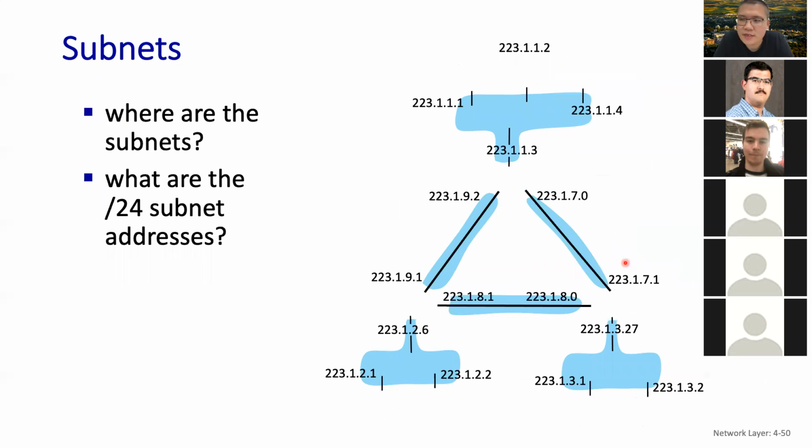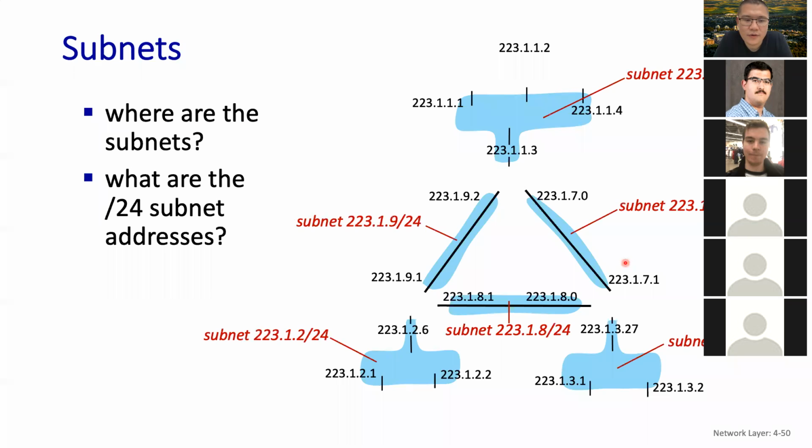So we have the different subnets in this figure, and I think all of them use a subnet mask /24. You can see for the different subnets, we have 1, 2, 3, 4, 5. We have 5 subnets, right?